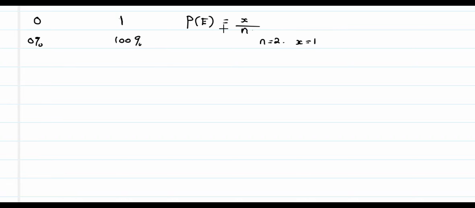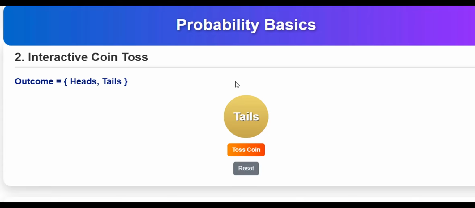So the probability of getting a head when I toss a fair coin will be 1 divided by the total number of outcomes, which is 2. So it will be 0.5. So I can say there is a 0.5 chance that if I toss a fair coin, I might end up getting a head.